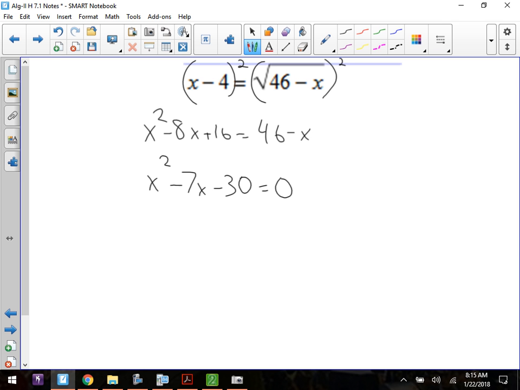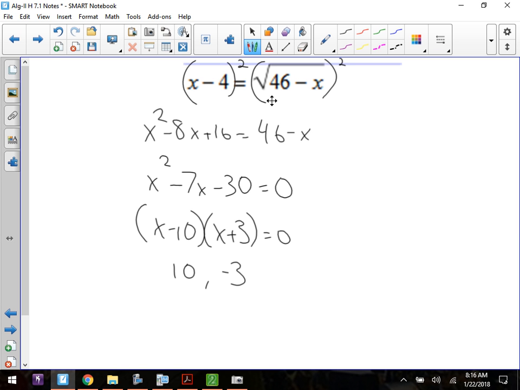Then what is that going to be? 10 and 3? Negative 10 and positive 3? Okay, so x minus 10, x plus 3. So we check it, you have 10 and negative 3. That means you just got to go back to your answers and check to see if they work.